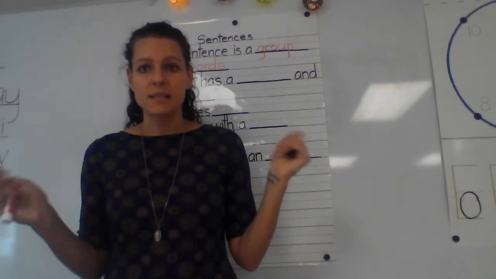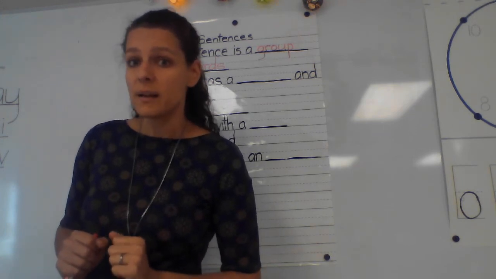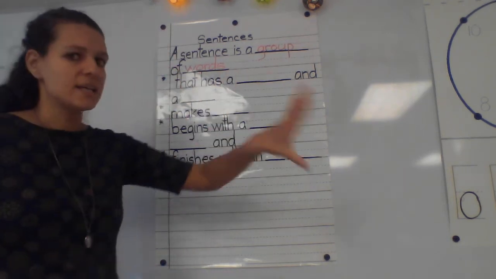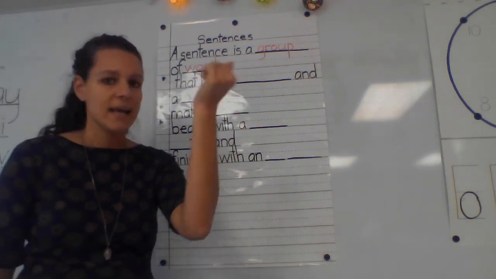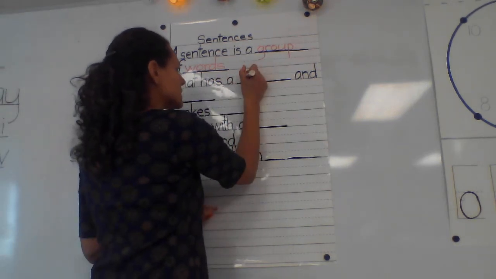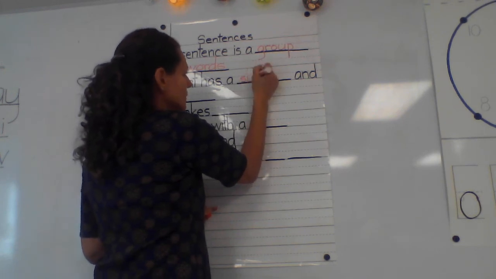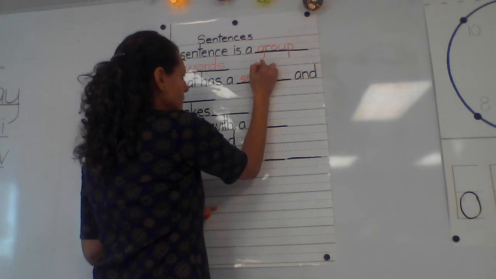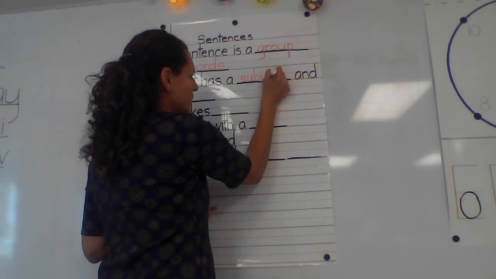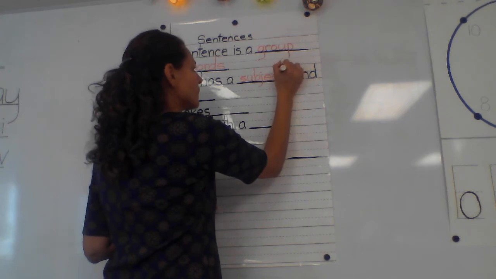So if the sentence is, Mrs. No ran quickly away from the angry bull, the subject would be Mrs. No. All right, so a sentence is a group of words that has a subject. I should probably pause the video while I'm doing this so it's not too slow because, of course, I want my writing to look beautiful.